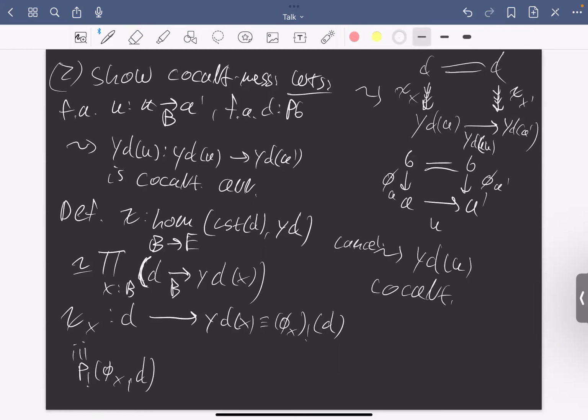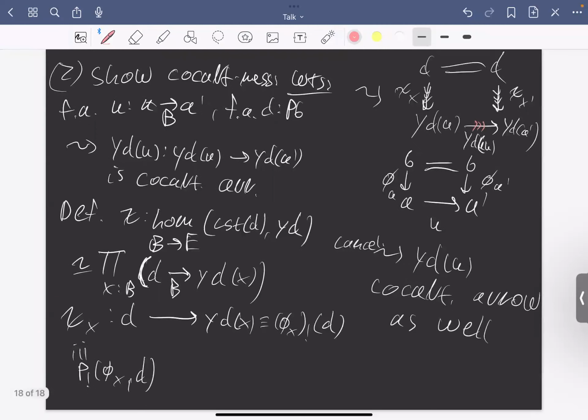So I haven't really said much about the formal properties of the co-Cartesian arrows, but it turns out they satisfy the formal properties that we like: closure under composition and the correct cancellation law.